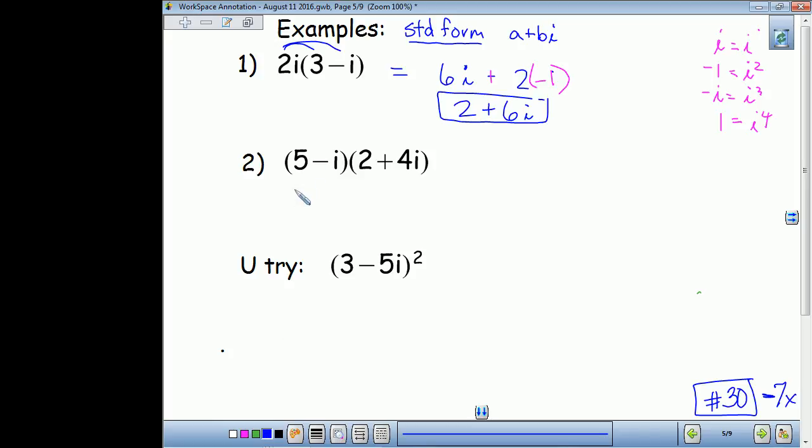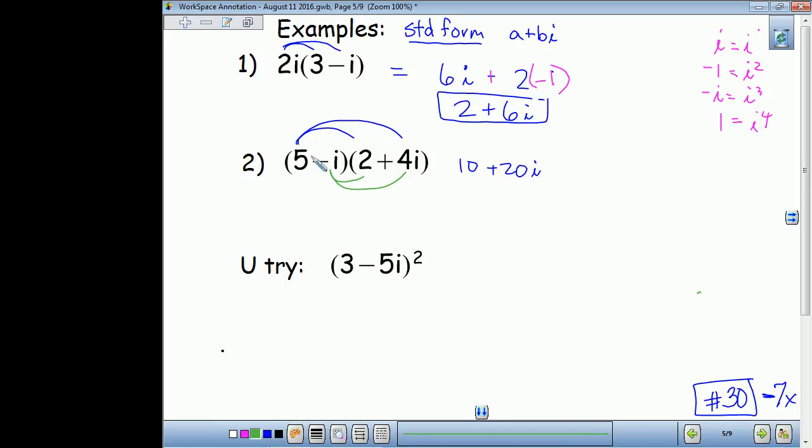Alright, number 2. It's a complex number times a complex number, but it's still distributing. So we're going to distribute the 5 through, and then we'll come back and distribute the -i through. So 5 times 2 is 10. 5 times 4i, 20i.